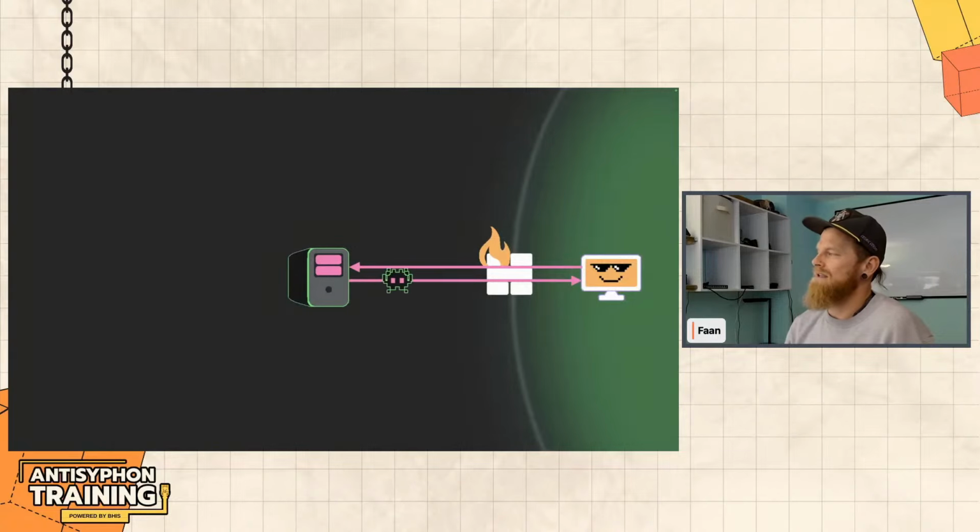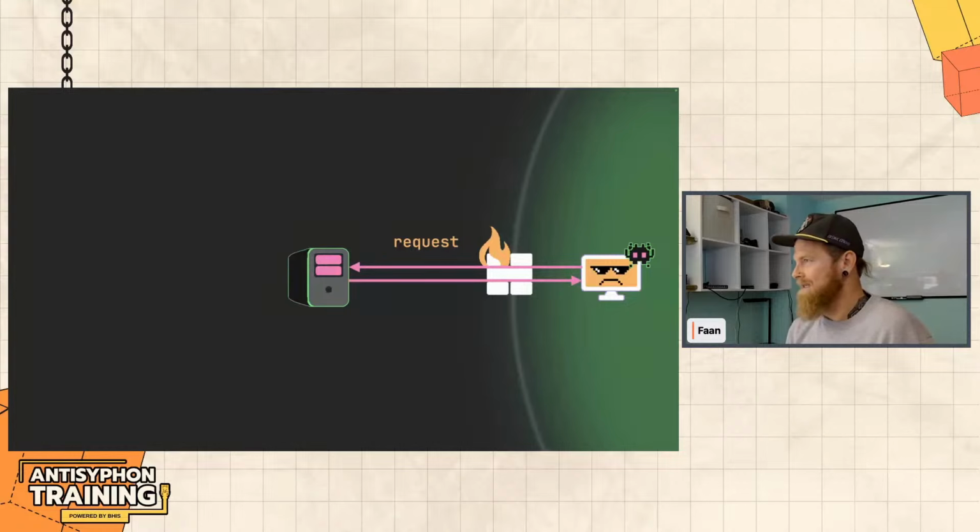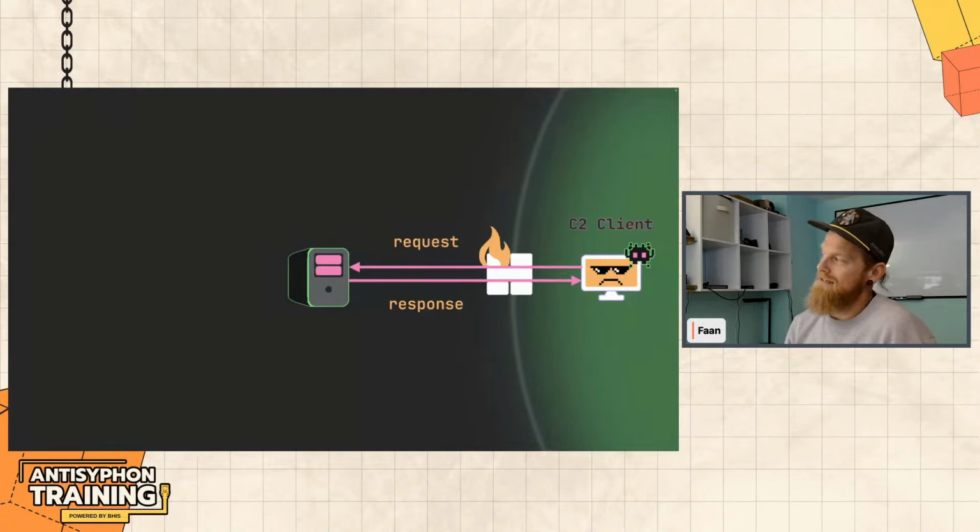This software is then transferred to it, injected into memory, executed, and it starts running. And now that it's running, it is sending requests, and the system out there is responding to it. So request, response, it's probably very obvious. What we're looking at here is a C2 client and a C2 server.